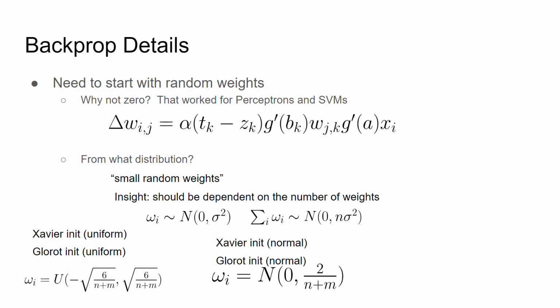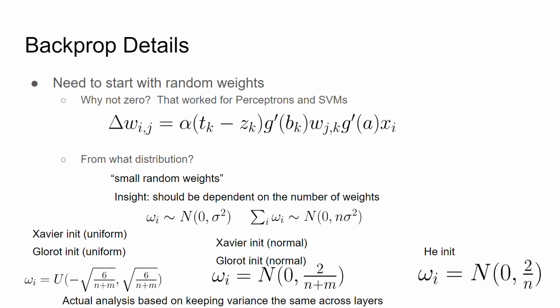You can also do it as a normal distribution instead of a uniform distribution. There doesn't seem to be any particularly strong tendencies one way or the other. If you actually do the math here, it's all about trying to keep the variance the same across different layers. And of course, that's one way of initializing.